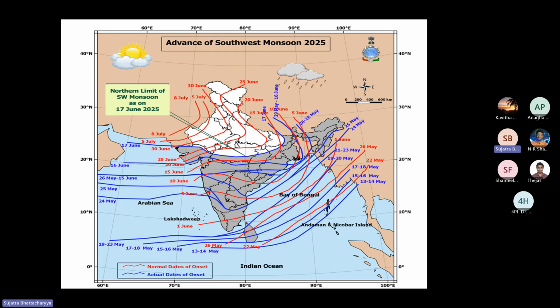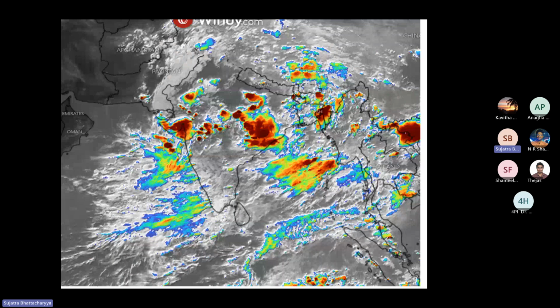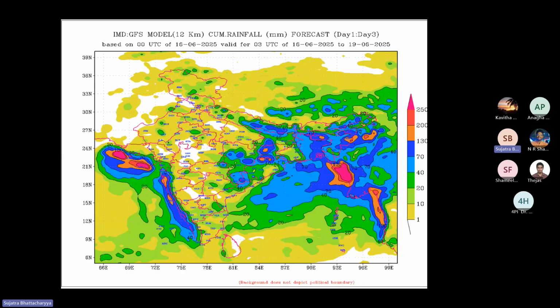And this is a picture from India I took yesterday, showing clearly the mean position of the ITCZ, right here. So that's a shift you saw, a sudden jump. And this is the forecast for yesterday, the last 2 days, and today and tomorrow, okay? It shows a lot of rain over the coast of Gujarat and something here in the Bay of Bengal and some rain in the Orissa region.